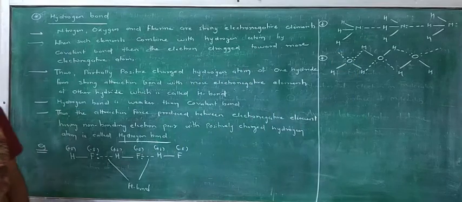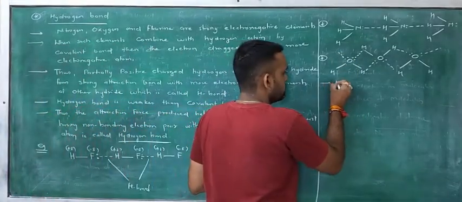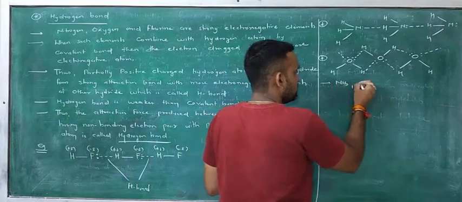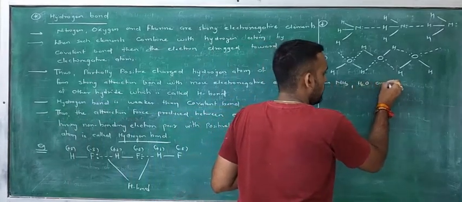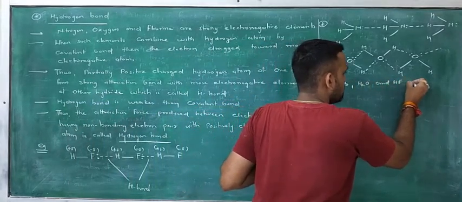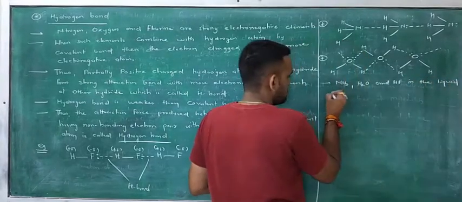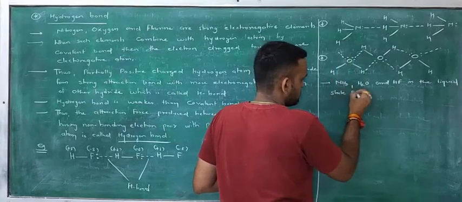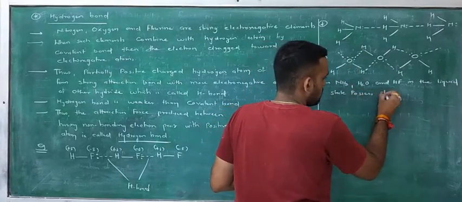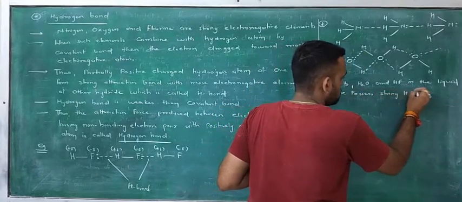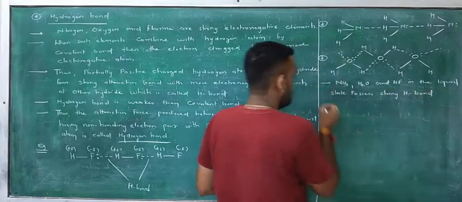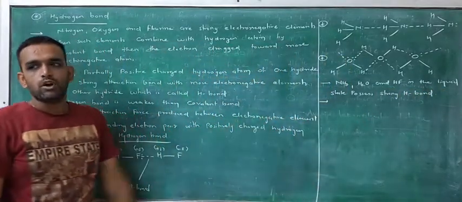Now, the next point: we can also say that NH3, H2O, and HF in their liquid state possess strong hydrogen bond. Understand? The strong hydrogen bond is there.